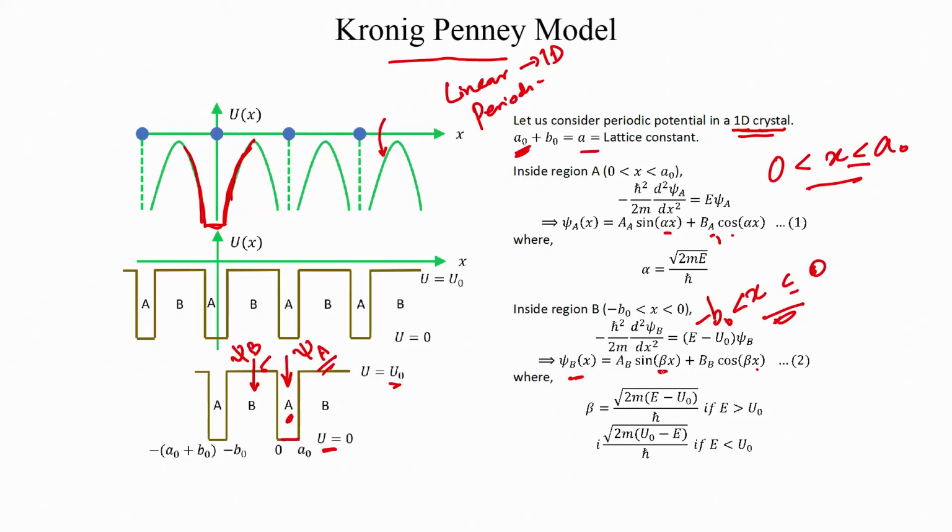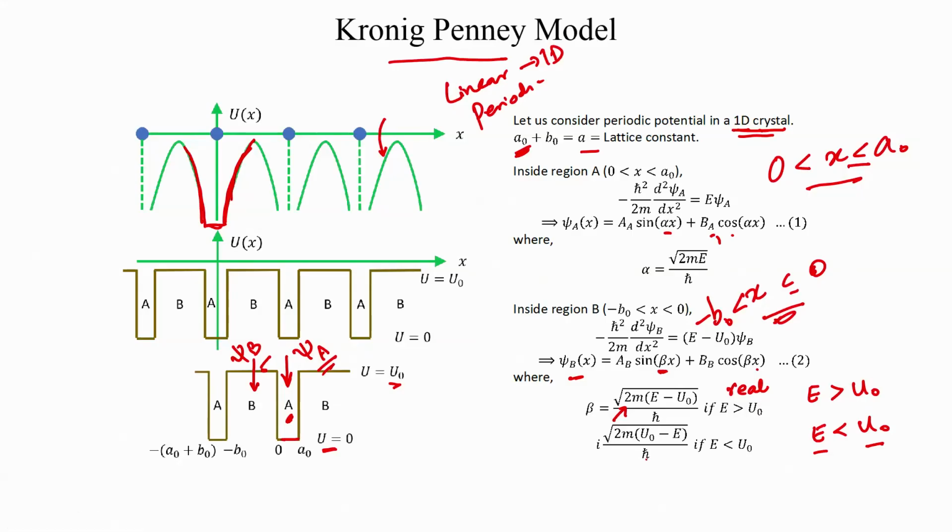Now what is beta? If the total energy is greater than the potential energy, beta is given by this particular expression, and it is a real number. On the other hand, if E is less than U naught, which means the total energy is less than the potential energy, the wave function can exist even in that region via the process of tunneling, which is very unique to quantum mechanics.